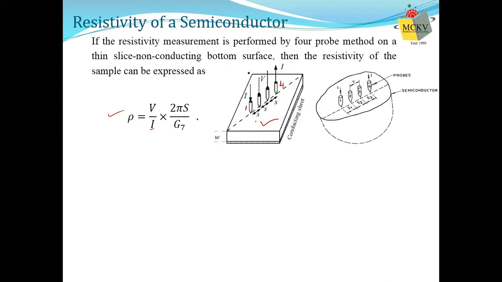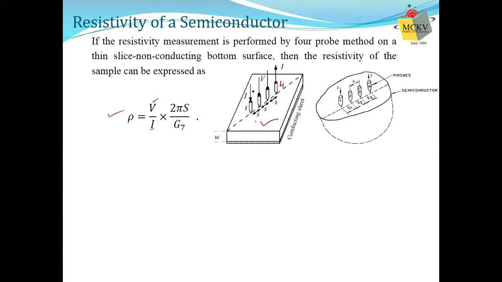Through the first probe, current enters the semiconductor, and through the fourth probe, current leaves the semiconductor. So we require 2 probes for current, and the amount of current can be measured with the help of an ammeter or milliammeter, whatever is required. Next, you require to measure the voltage. Voltage is the potential difference between 2 points. Therefore, we require again 2 probes.